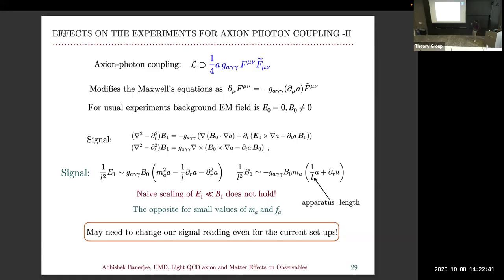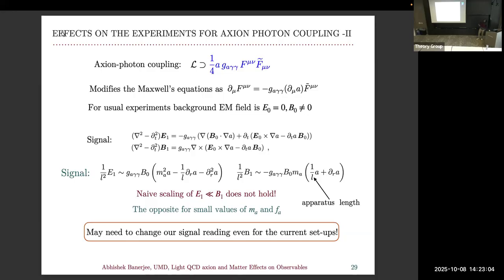So even with the current setup, we should try to pick out the axion-induced electric field compared to the axion-induced magnetic field. So we may need to also change our signal reading setup, even for whatever we have. Right? So that's the second layer of argument.